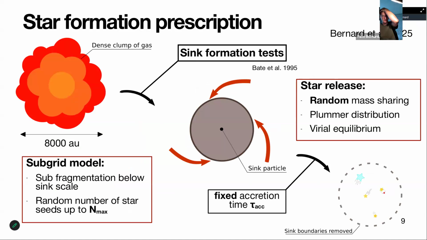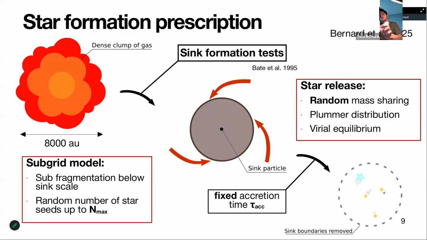The following module is my star formation prescription. Basically, it starts as in every star formation simulation. You have a dense clump of gas that could collapse. You test if it collapses, and if it collapses, you form a single particle that could then accrete material to gather a mass.